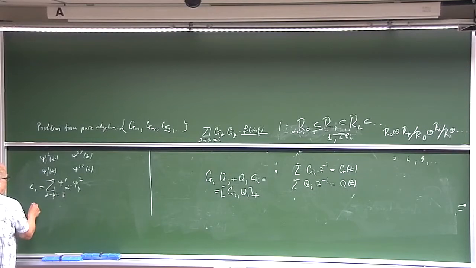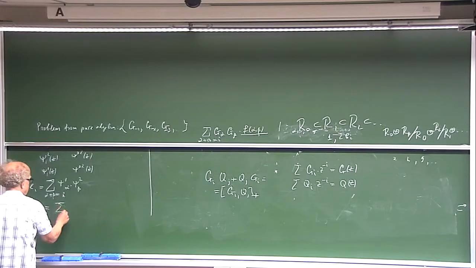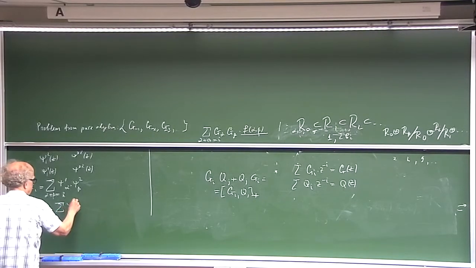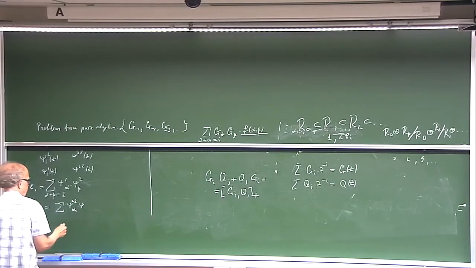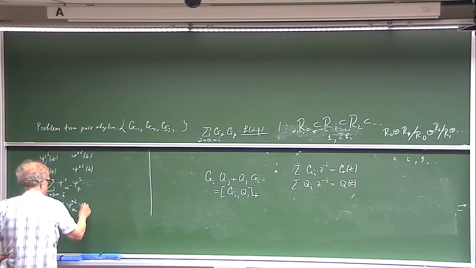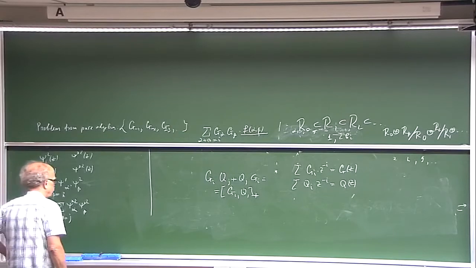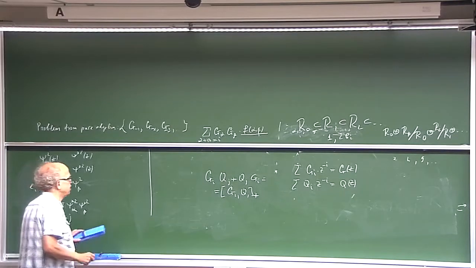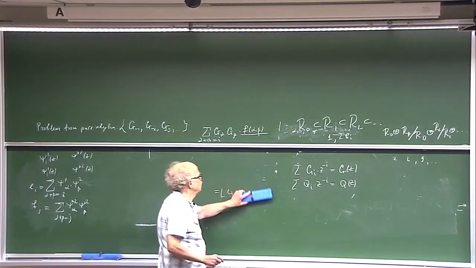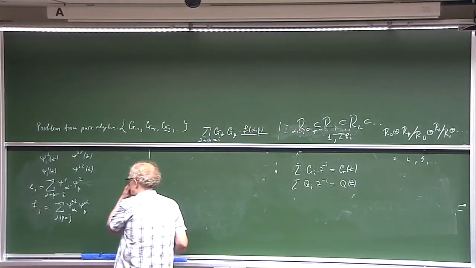And Fj is equal to the sum psi alpha 2 star times psi beta 2 star here, alpha plus beta equal j. Yes, in this case, our problem is how to calculate.